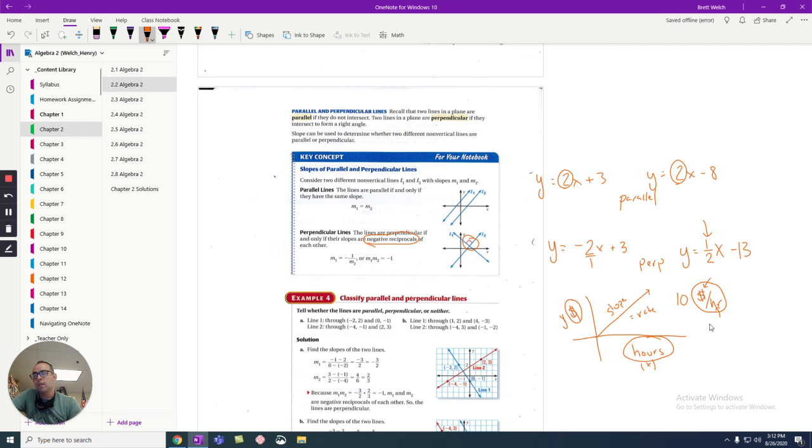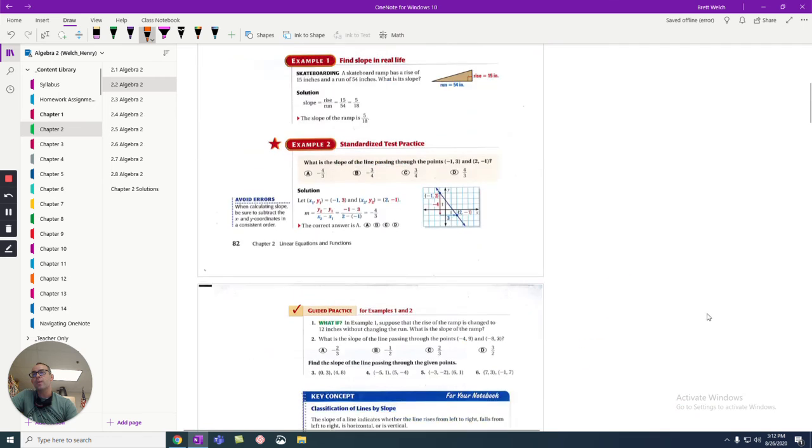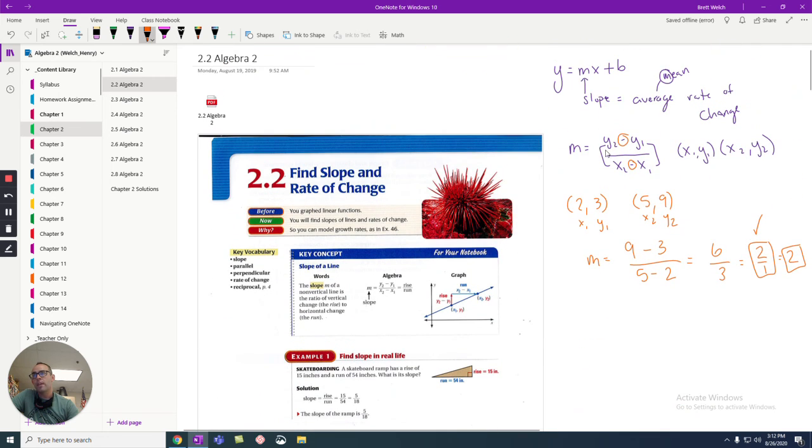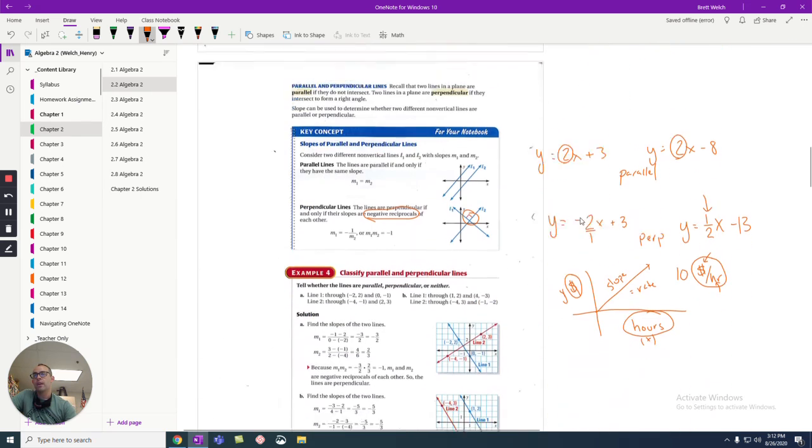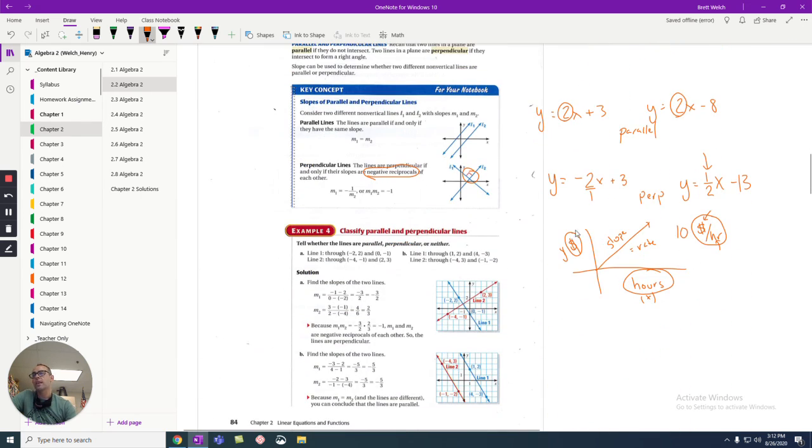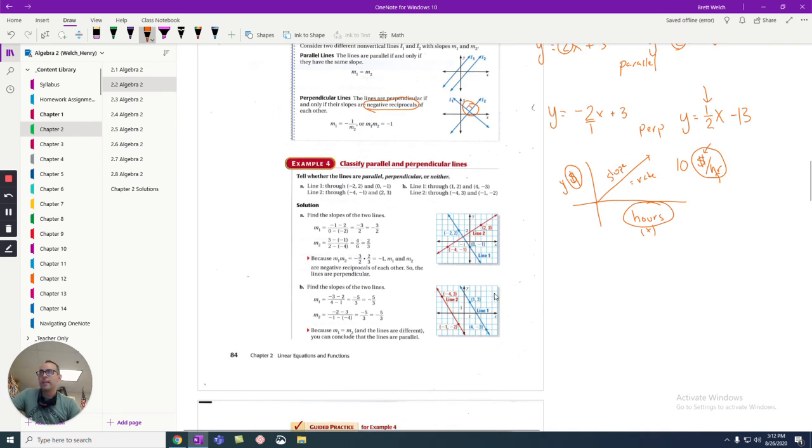So this is literally when we do rates of change, and we want to label those rates of change, dollars per hour or miles per gallon, it's always the y value divided by the x value, which should make sense because when we define slope, we talk about the y divided by the x. So when we're down here and we're saying dollars per hour, we're saying the change in y divided by the change in x. Okay, that is our identification of how we find slopes.